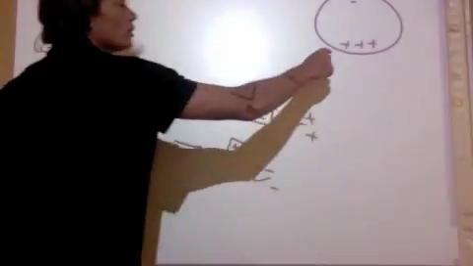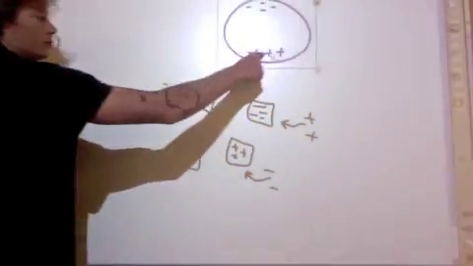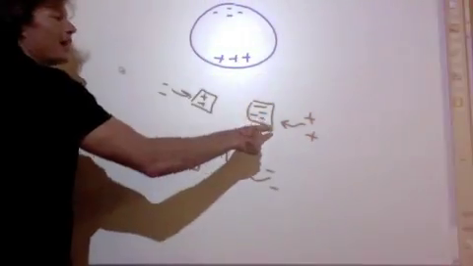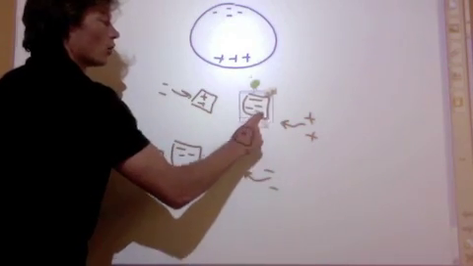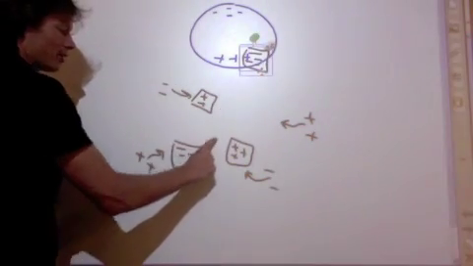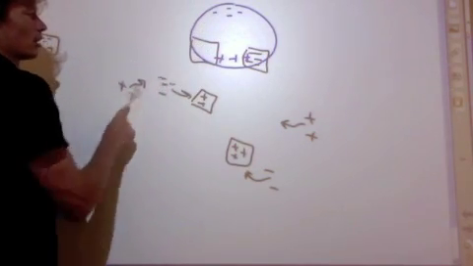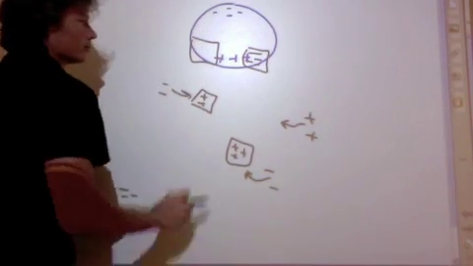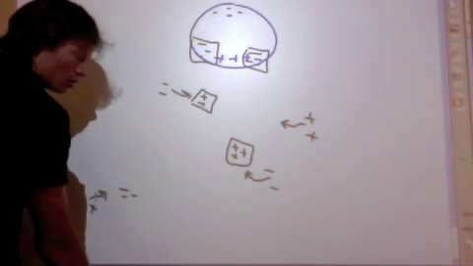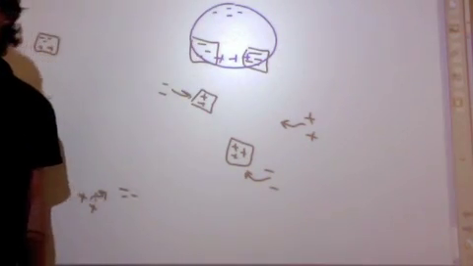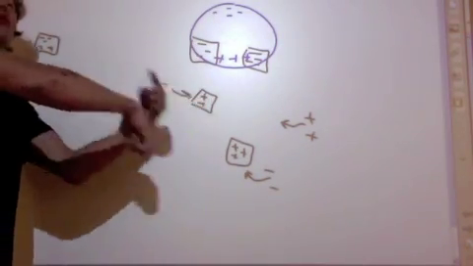But now once I move the balloon back, these negative ones, they'll go right up and stick flat onto the balloon. Okay. But what will happen to the positive ones? They now have to flip.